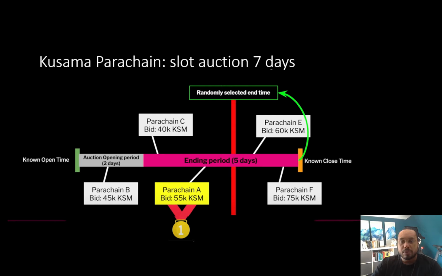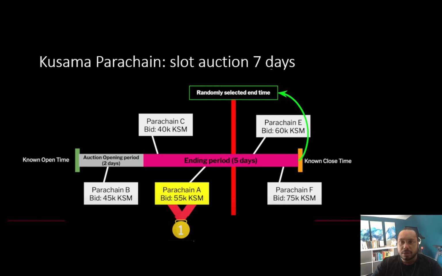So it's very important for teams to do their utmost best to get as much capital as possible to bid on the slot. But they don't know when it can happen. So as you can see here, Team A actually won it, although Team F had the highest bid at the end of the 7 days auction.